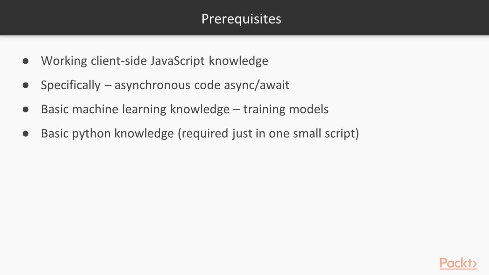This is a very small but important step. To be honest with you, since you know JavaScript, you'll be able to understand the code. This is really not a very difficult task, but just to make sure that we are on the same page, I put it there as a prerequisite.